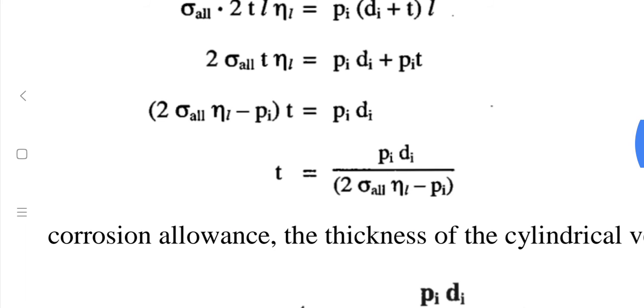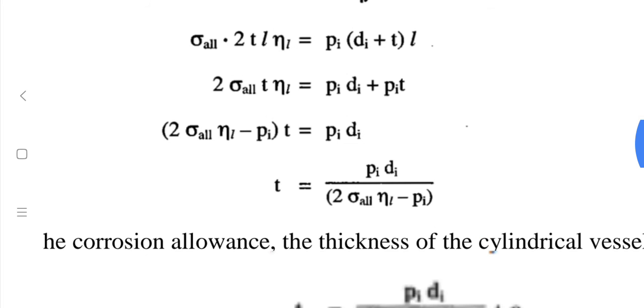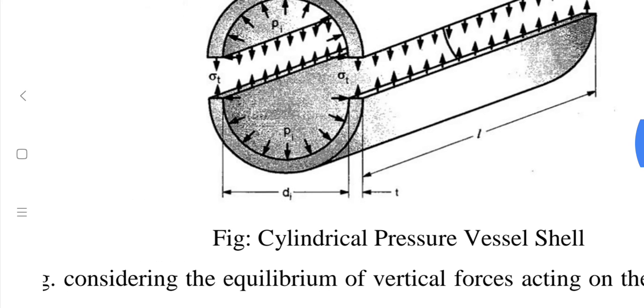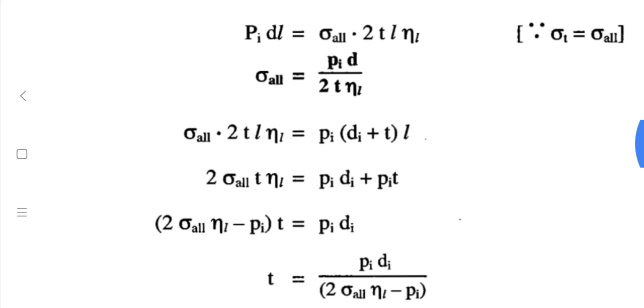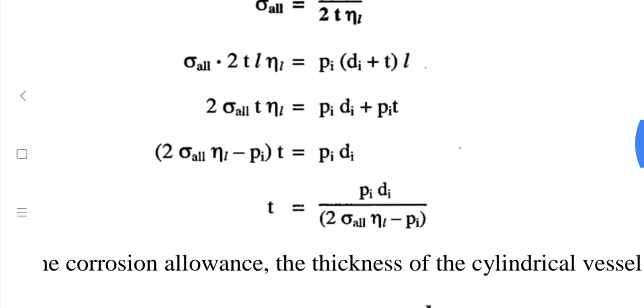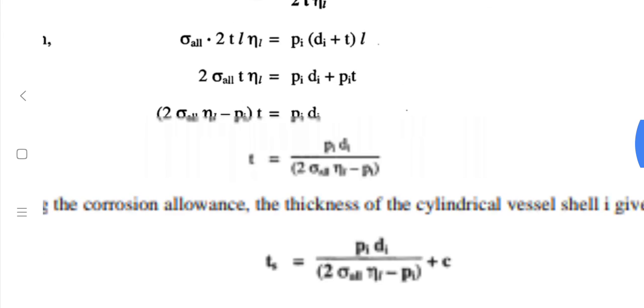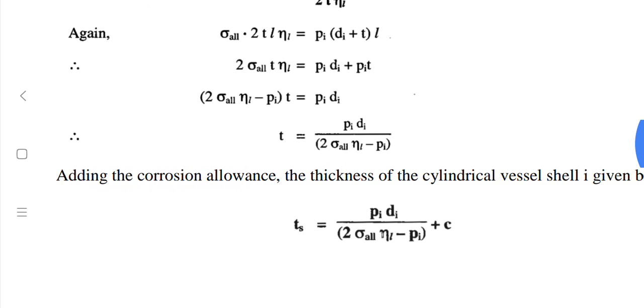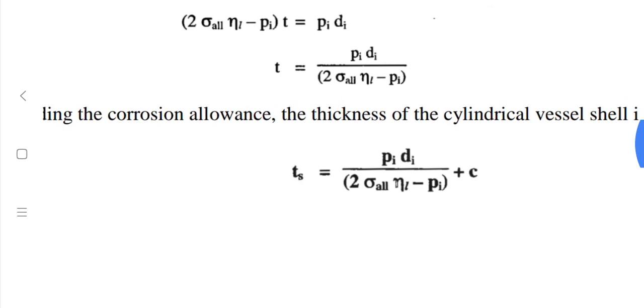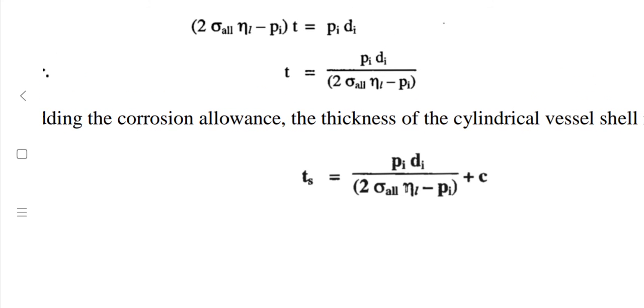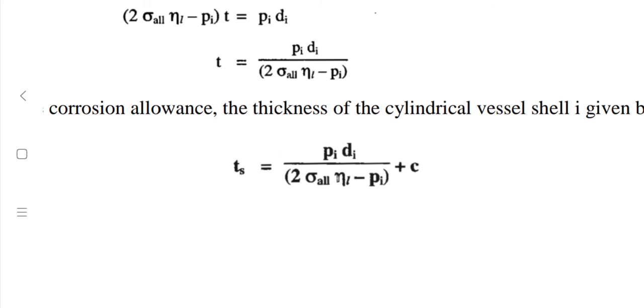In this way, we can calculate the thickness of pressure vessel shell if we have the allowable value and the length and internal pressure of vessel shell. Now, by considering the corrosion allowance, the value of pressure vessel shell thickness is Pi Di upon in bracket 2 times sigma allowable eta L minus Pi bracket complete plus C, where C stands for corrosion allowance.